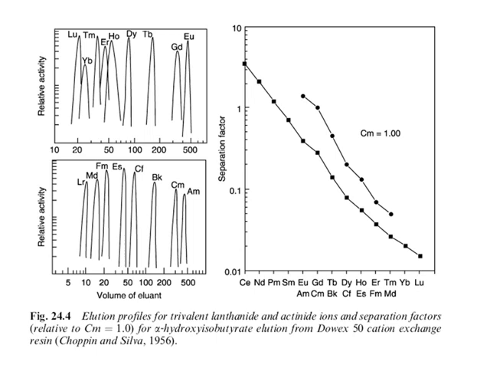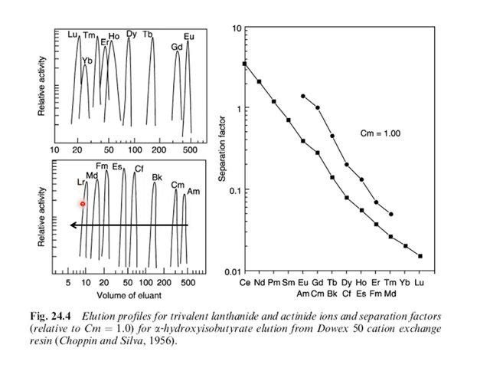Here are some elution profiles for trivalent lanthanides and actinides, separation factors relative to curium, and this is for alpha hydroxyisobutyrate. We discussed this in the previous lecture on solvent extraction. So the solution phase contains the ligand, and it's from a Dow X50 cation exchange resin. And as we see here, for both the lanthanides and the actinides, the lighter lanthanides and lighter actinides elute last.